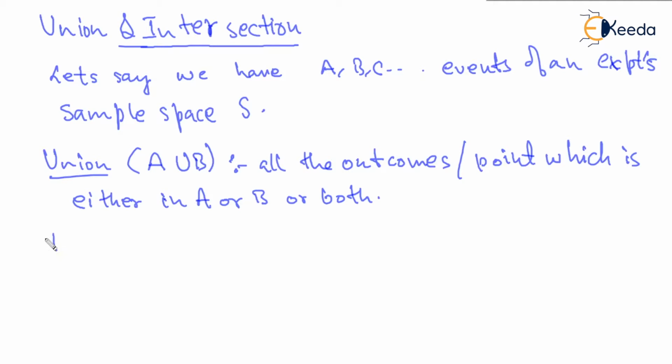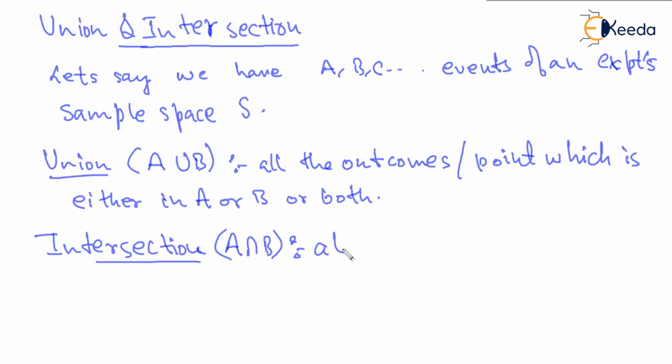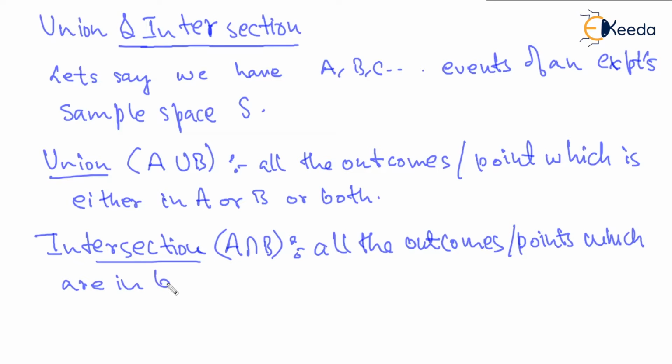Similarly, intersection. A intersection B is all the outcomes or points which are in both A and B together.